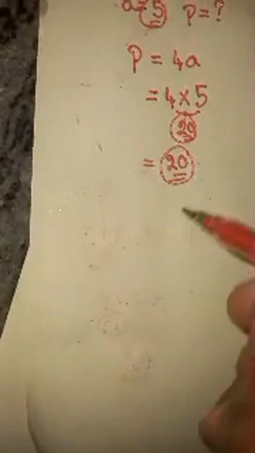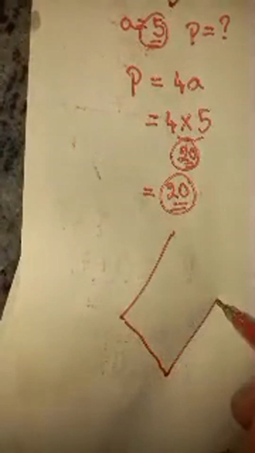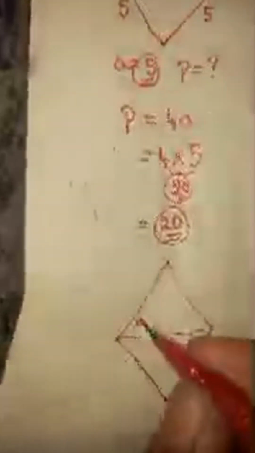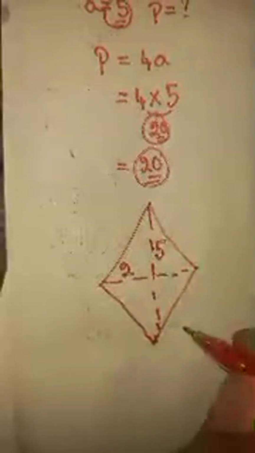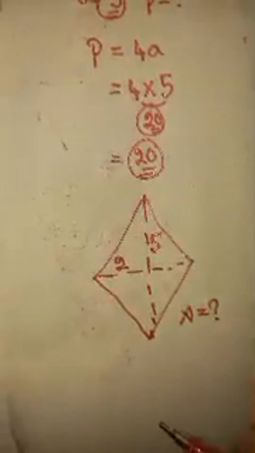Let's take one more rhombus. Now in this rhombus, they have given the 2 diagonals. One diagonal is 2 units, and the other diagonal is 5 units. You need to find the area of the rhombus.